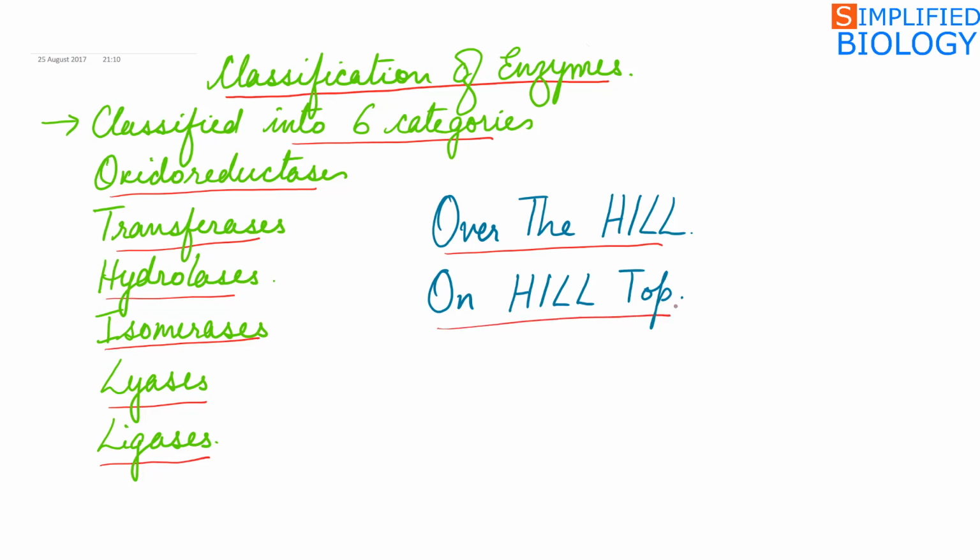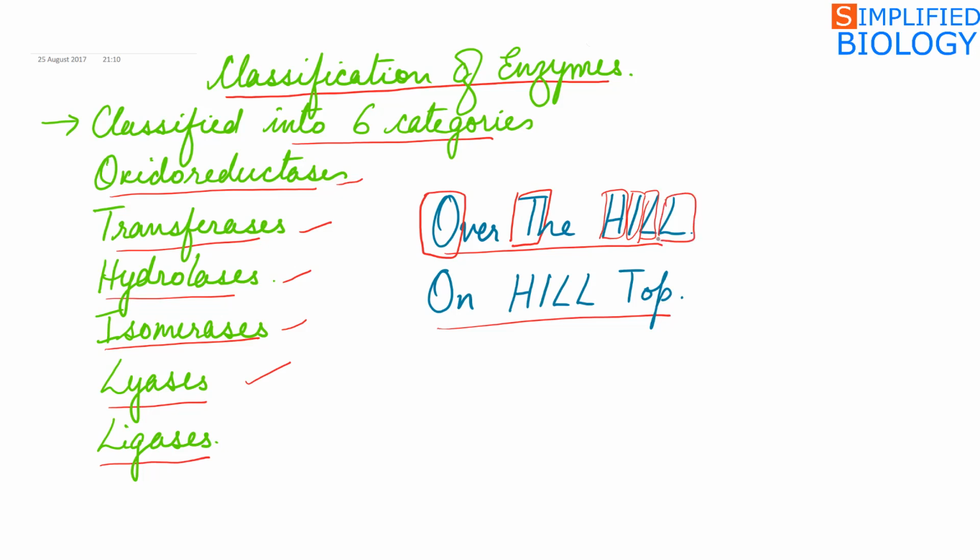Let's start with over the hill. O of over is for oxidoreductases. T of the is for transferases. H of hill is for hydrolases. I of hill, isomerases. L of hill, lyases.